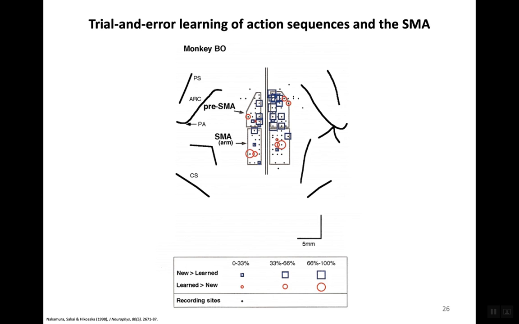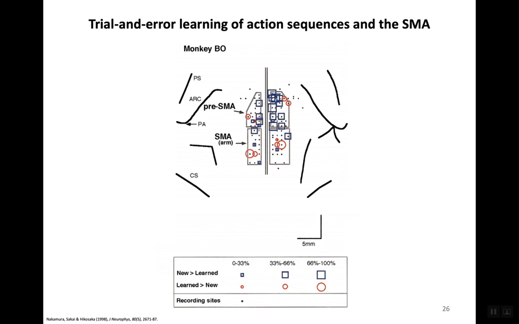And what they found is that indeed, some neurons in the SMA were responding to the learning of novel sequences more than to the execution of previously learned motor sequences. However, the majority of SMA neurons seem to be responsible for the execution of previously learned motor sequences.